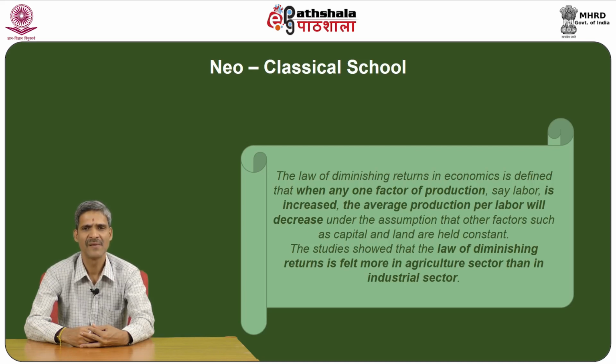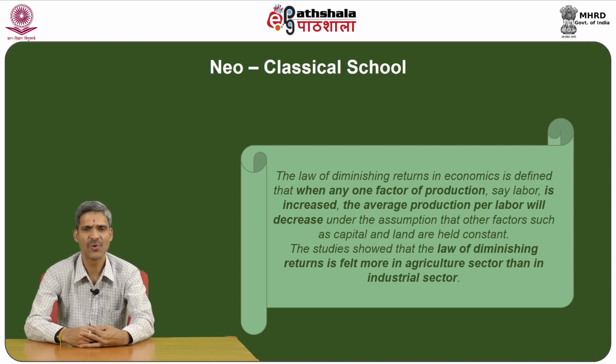That means at a certain point, even if there is increase in the labor that is available, the average production per labor may decrease. This is the consideration of the law of diminishing returns.